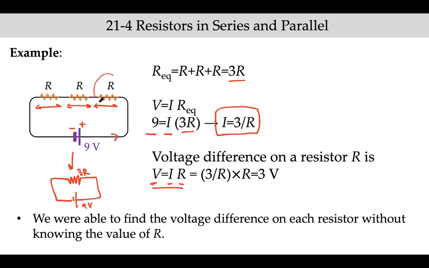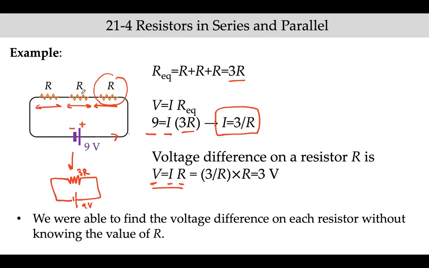For this one, the same current actually passes through each of them. It's the same current for each one because this is a series connection. The wire is not split or connected to any other wire. So it's just one wire, and the same current for each one.